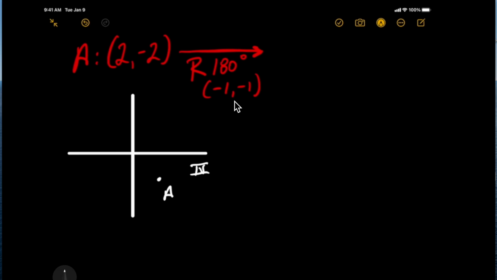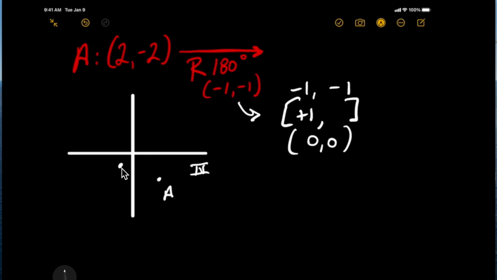We are now going to convert this rotation, which is about this point, -1, -1. We're going to convert this to a rotation about the origin. So how do we convert -1, -1 to 0, 0? We add 1 to both coordinates.